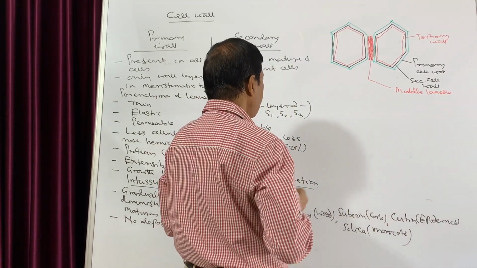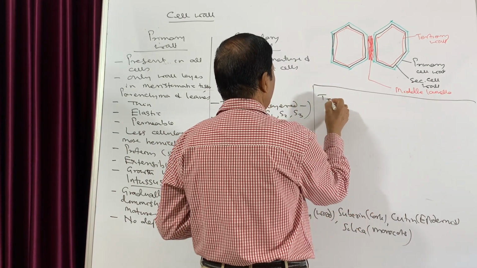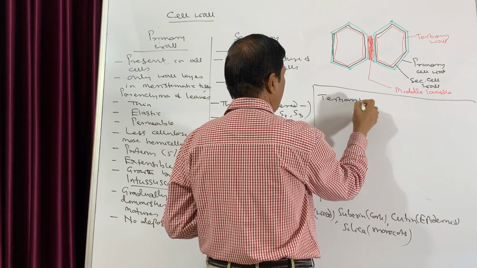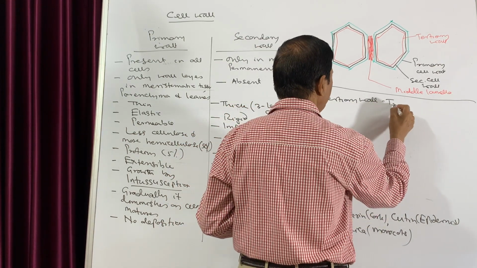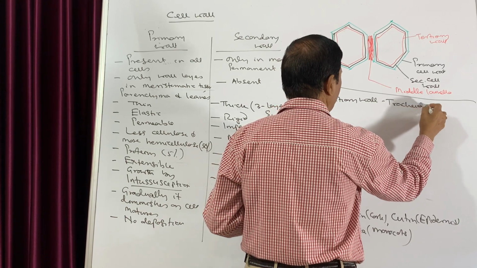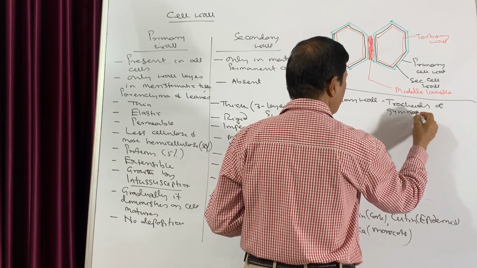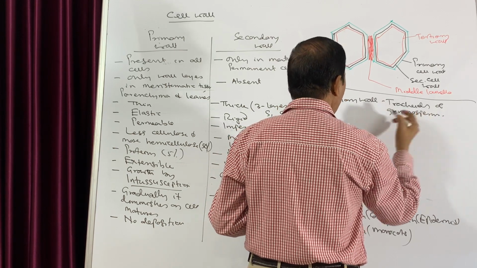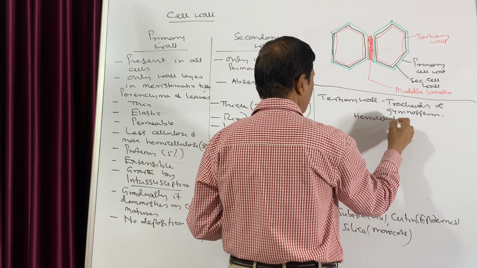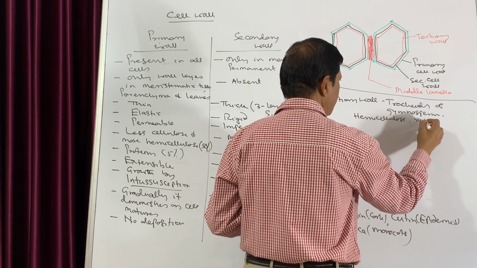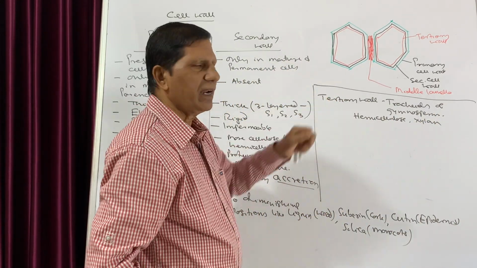Though the tertiary wall is very rare, it is usually present in case of the tracheids of gymnosperms, and it is usually made up of hemicellulose and xylan. But it is present only in rare cases.